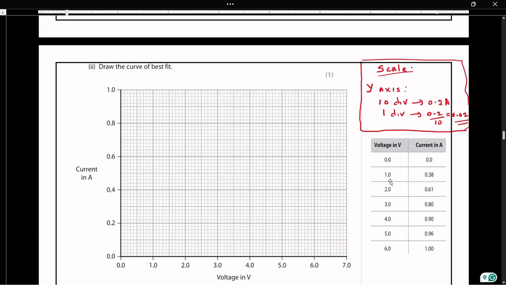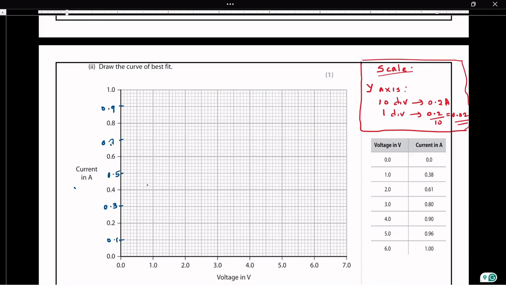Okay, so let us mark the first one, 1 volt, 0.38. So 1 volt on the x-axis. So here is 1 volt and 0.3. This is 0.3. This is 0.1, 0.5, 0.7 and 0.9. Now the first one is for 1 and 0.38.